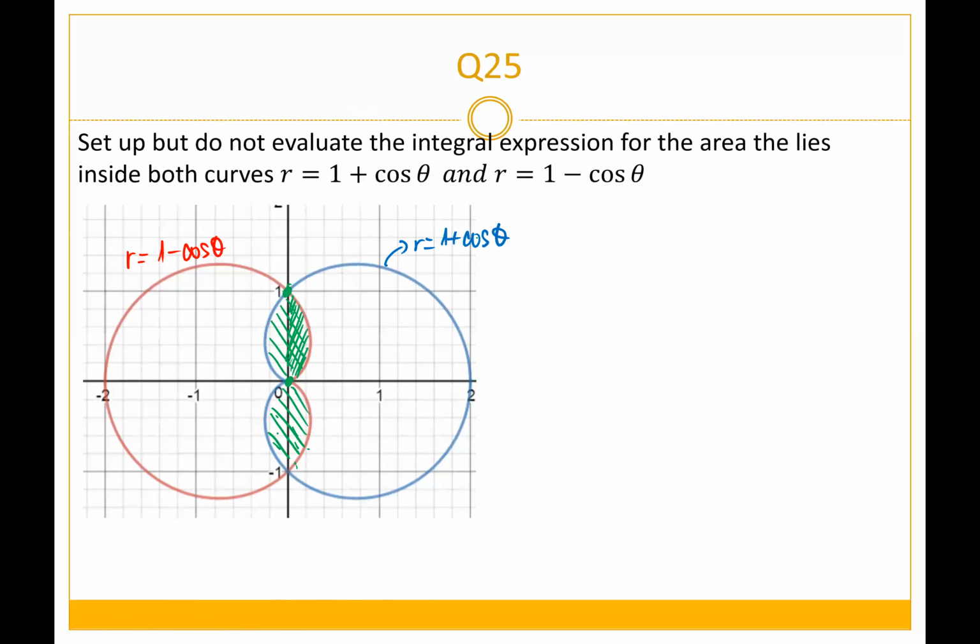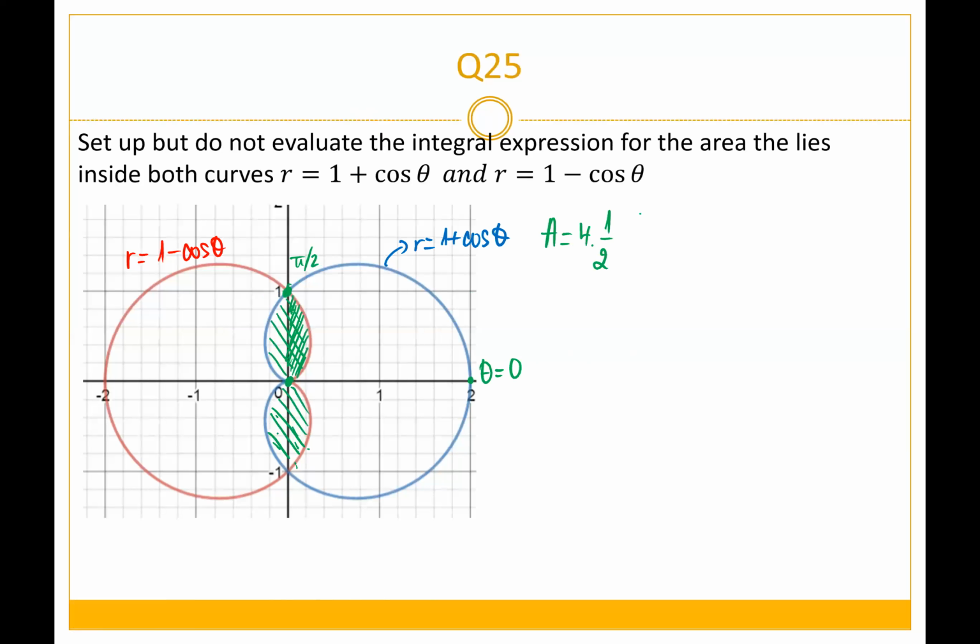When theta equals 0, let's start here, it's going to be this one, and for red, it's going to start from there. And then when you go to theta equal to pi over 2 here, then your r is going to be equal to 1 for both of them. And so you can find the area of each very easily.